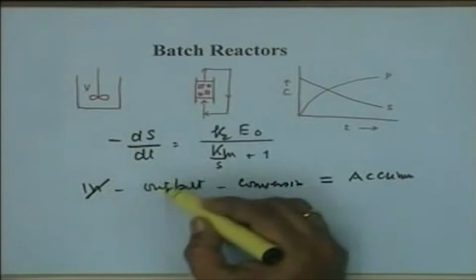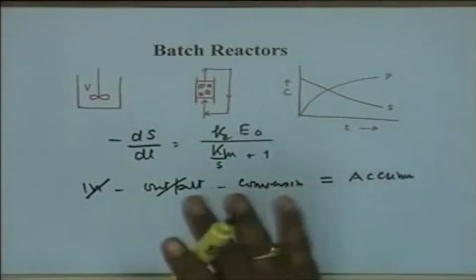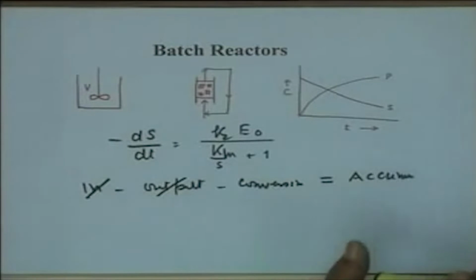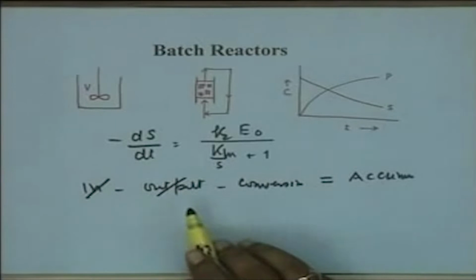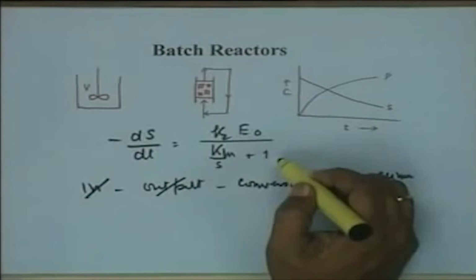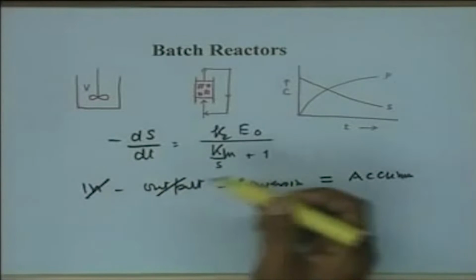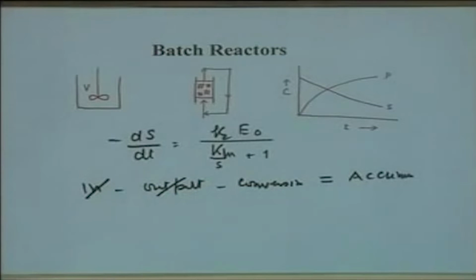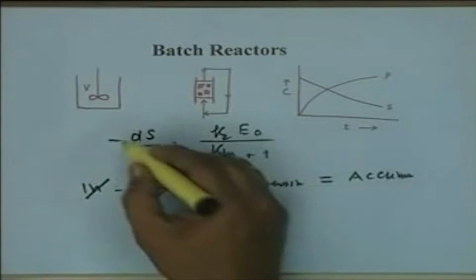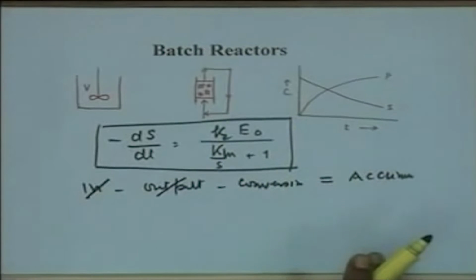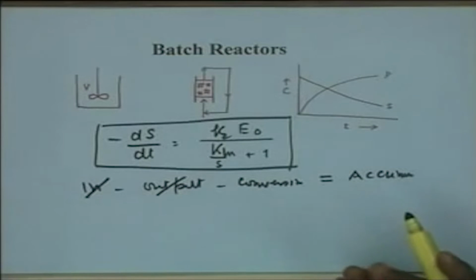Input and output here are taken as 0, because there is no continuous input and output; only initially we feed the reactor and at the end of the reaction time the output is taken out. Conversion is given by the rate of reaction. So V into rate of reaction is the total conversion term, and by cancelling the volume term from both sides you arrive at the differential form of the equation. If you integrate this equation, you arrive at the reactor performance equation.